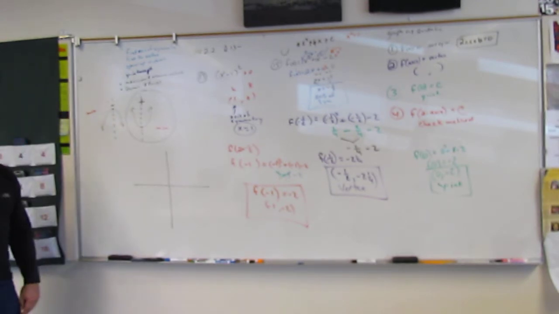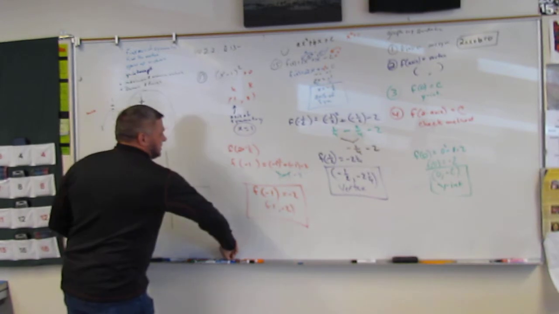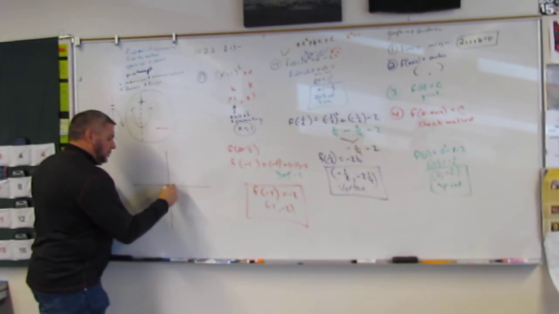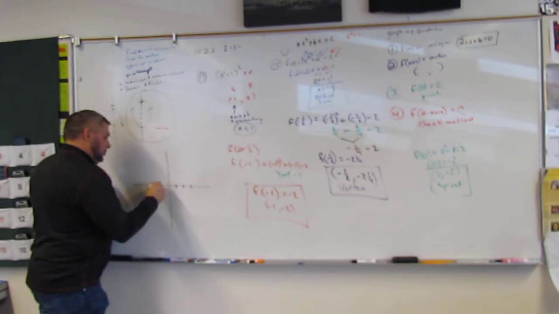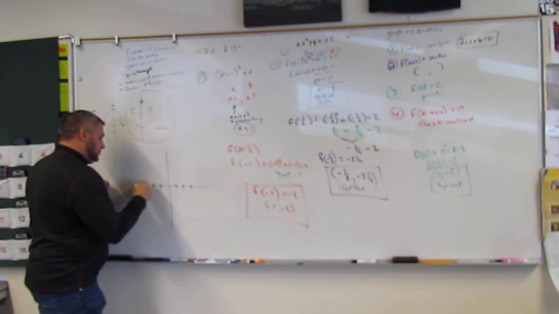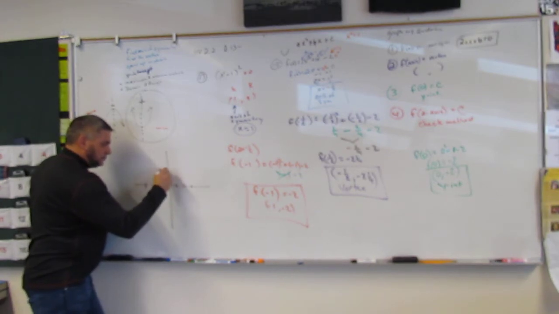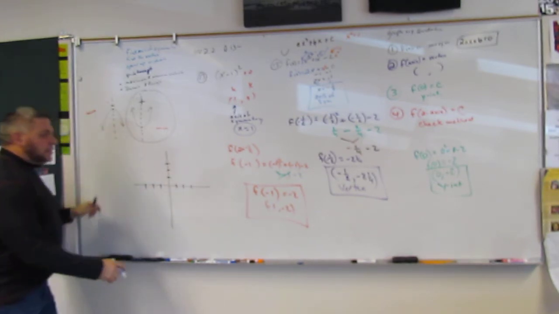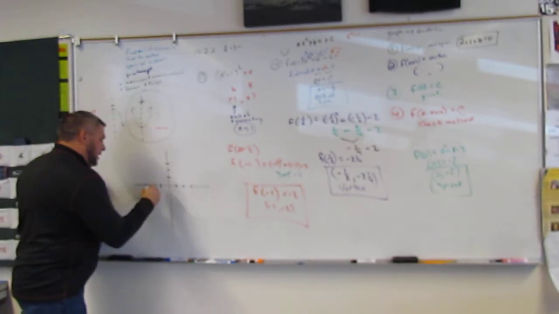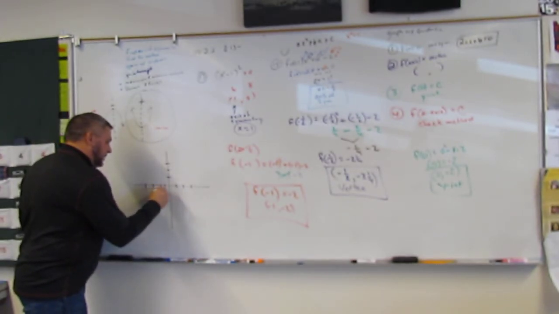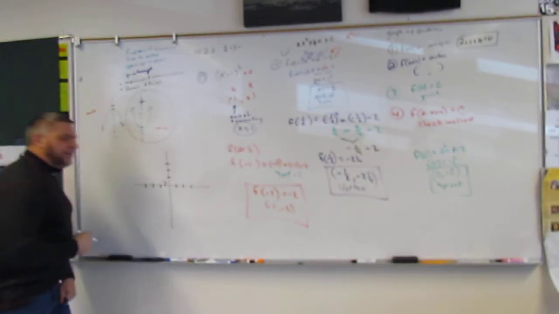Okay? When we graph this, the vertex is at 1, 2, 3. So we're talking about negative half, negative 1/2, right?